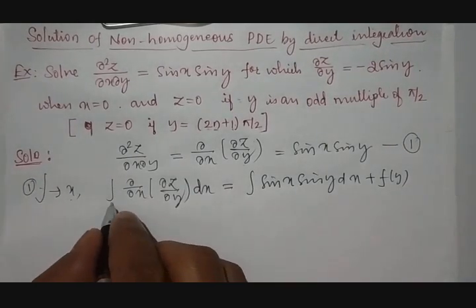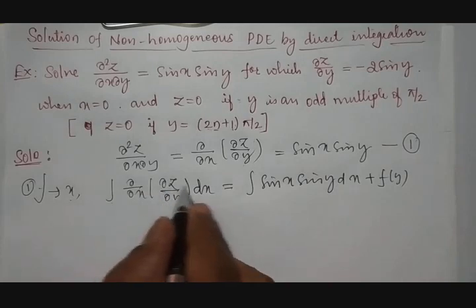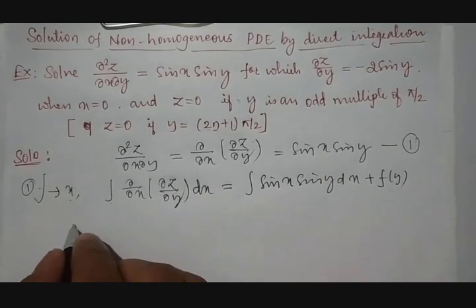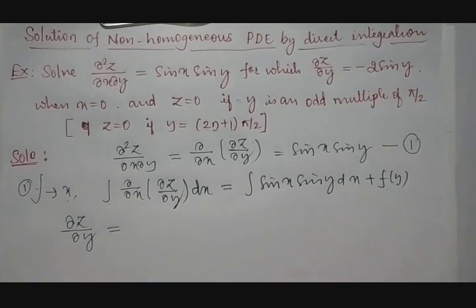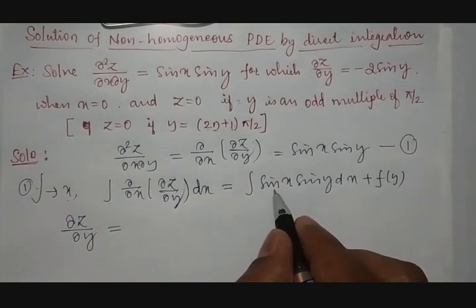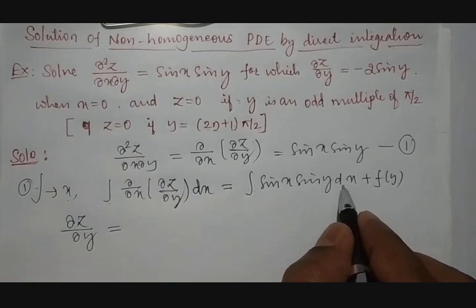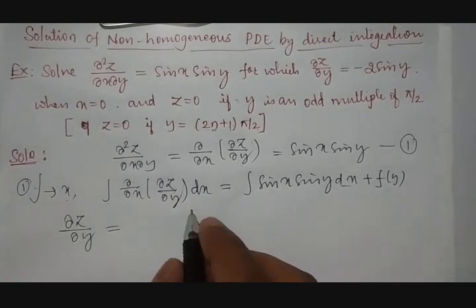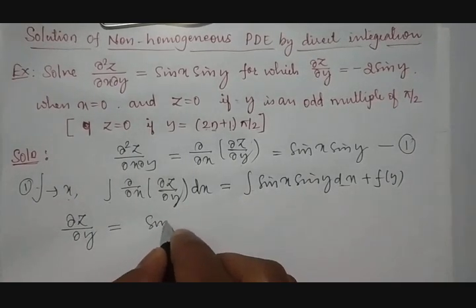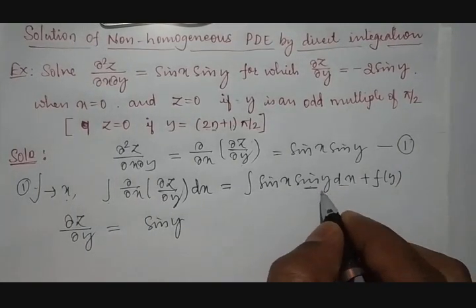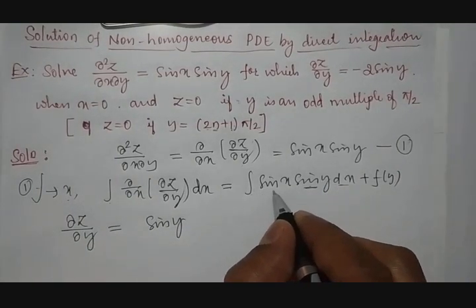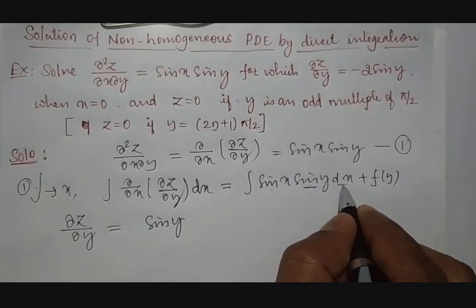Therefore, after integration, ∂/∂x with respect to x gets cancelled, then we will get ∂z/∂y, which will be equal to, when we apply integration on sin x sin y with respect to x, it is clearly understood sin y is constant. Sin y term is constant. So now we need to integrate sin x with respect to x.